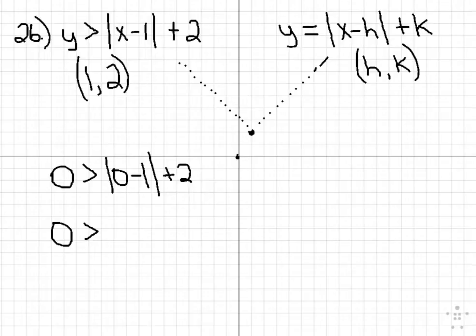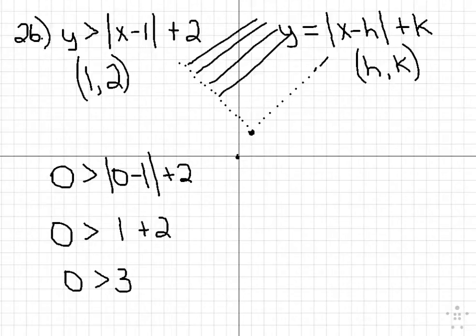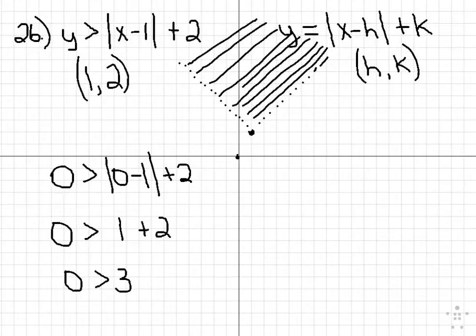The absolute value of negative 1 is 1, plus 2. So we say 0 is greater than 3. No, 0 is not greater than 3, so 0, 0 is not a solution. So it's all the points inside of this V-type graph that satisfy this inequality. So all those points inside of there are solutions.